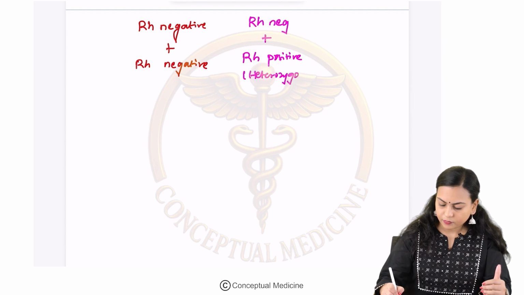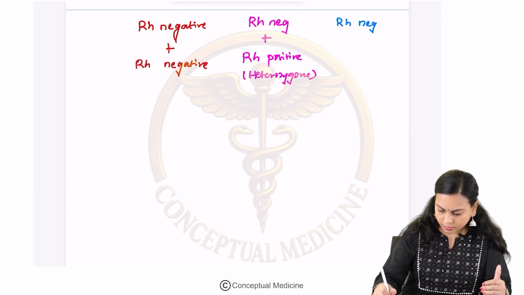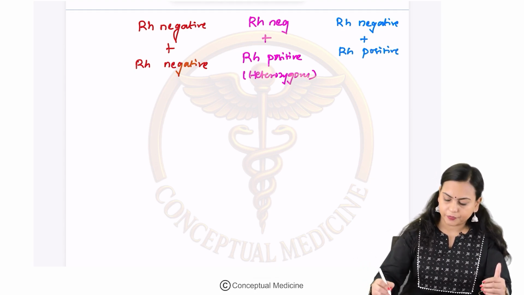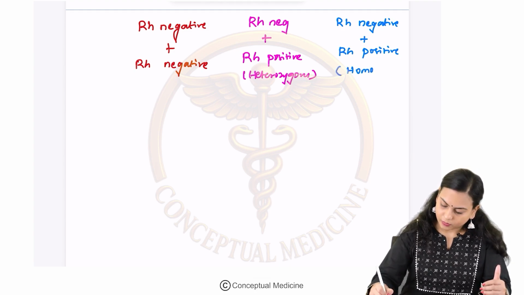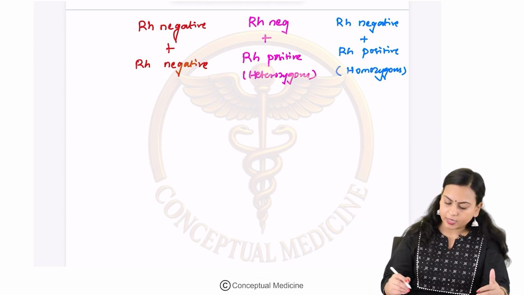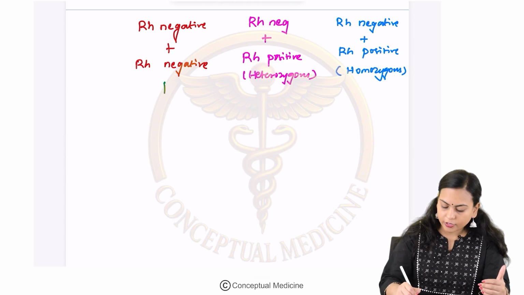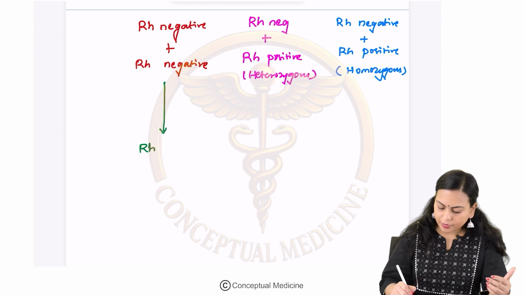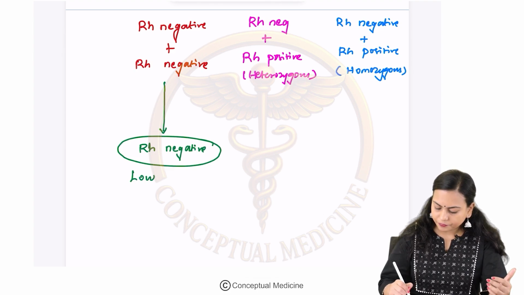And in the third scenario, an Rh negative mother and an Rh positive father who is homozygous for the Rh antigen. In these three scenarios, the chance of getting an Rh positive baby in the first scenario is really 0. So mostly the baby will also be Rh negative, and this can be considered a low risk pregnancy.